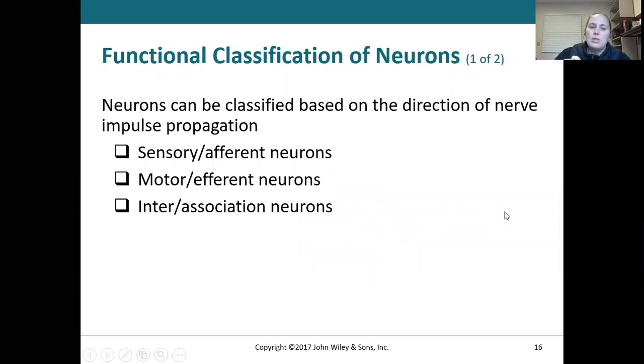Okay, so the functional classification of neurons is based on the direction of nerve impulse propagation. As I alluded to when we were talking about the peripheral and central nervous system, we take an input from our environment, integrate it in our brains, and then send out a type of response. This is where that nomenclature takes place.